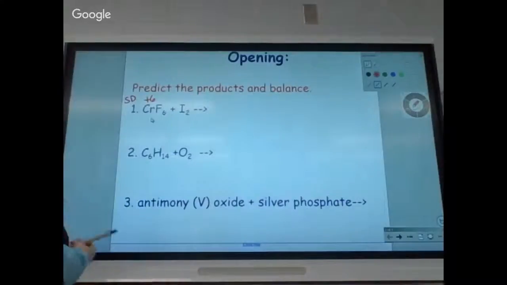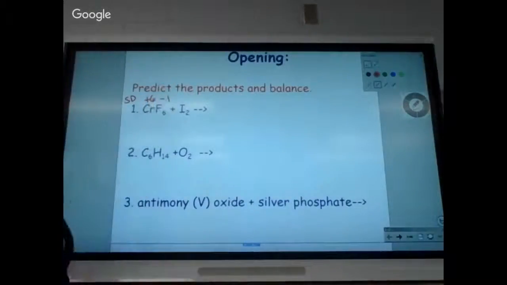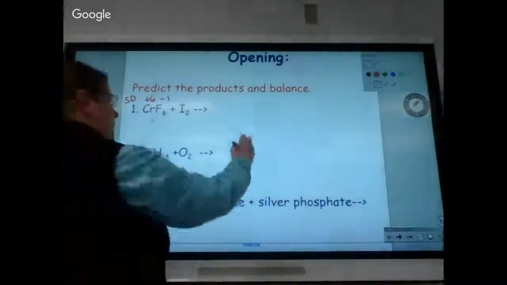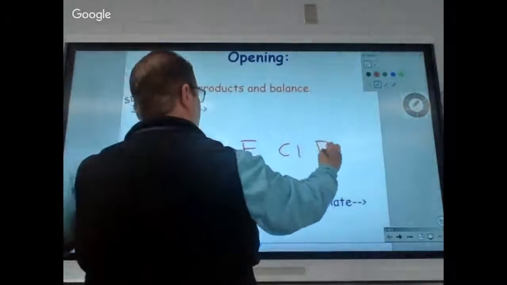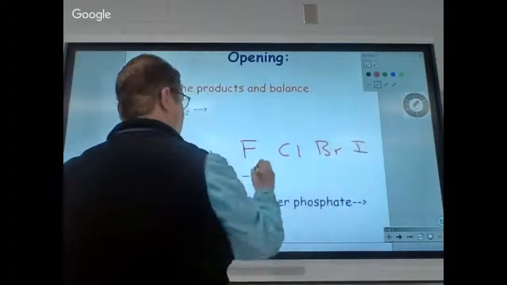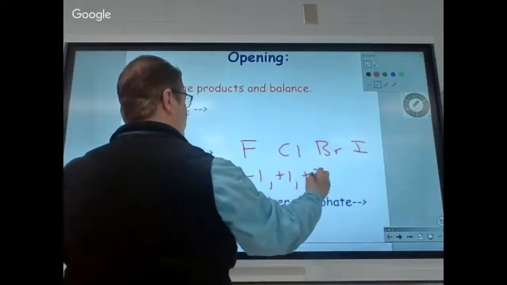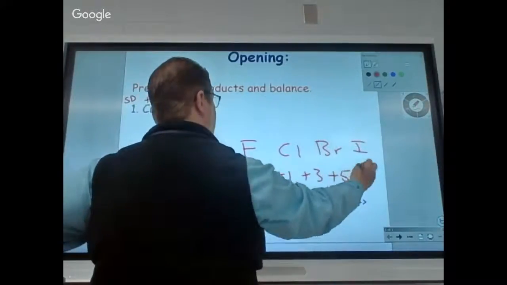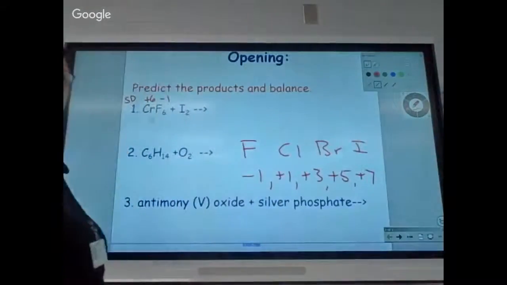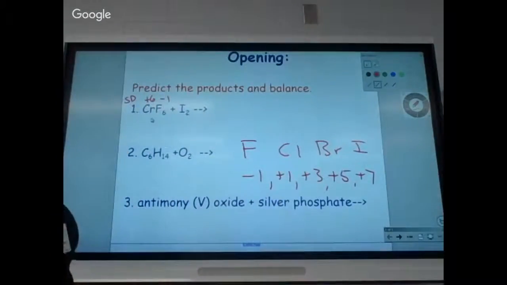All right. Fluorine is what? -1. Now, iodine is what we worked on yesterday. When you look up iodine, it says -1, +1, +3, +5, and +7. Okay? Every single one of them is what, Madison?